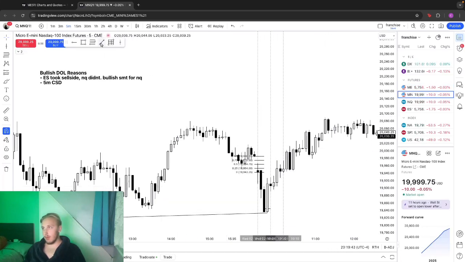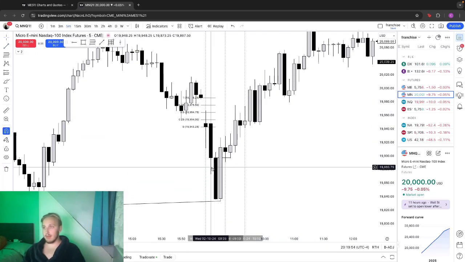MNQ. The 9:45 candle closes above the 5-minute CSD to set us up for the macro.